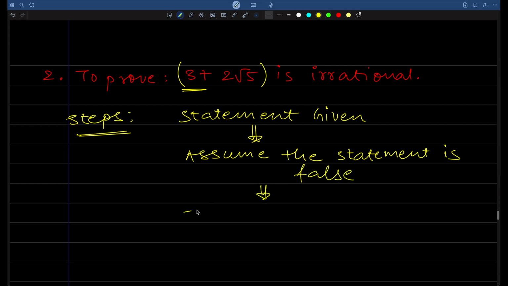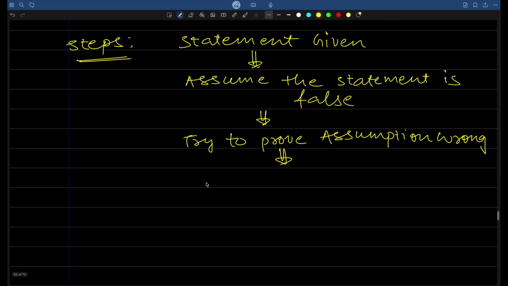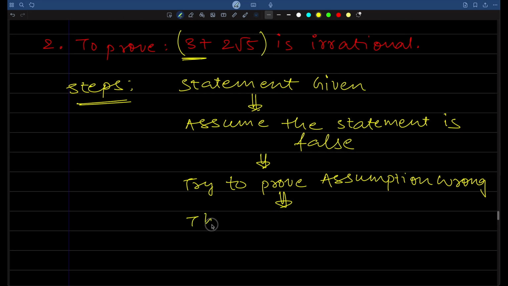Then we will try to prove the assumption wrong, and hence we can say the given statement is true.